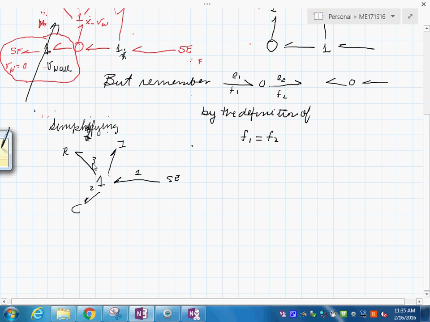In here, because we know how the elements are connected, we know for sure that this is producing a voltage over here.